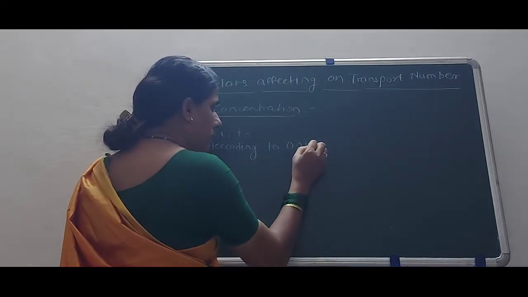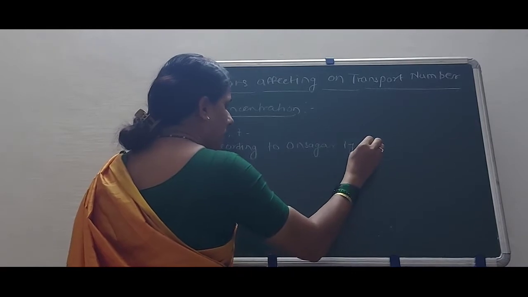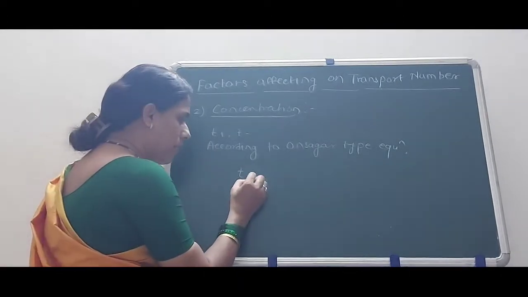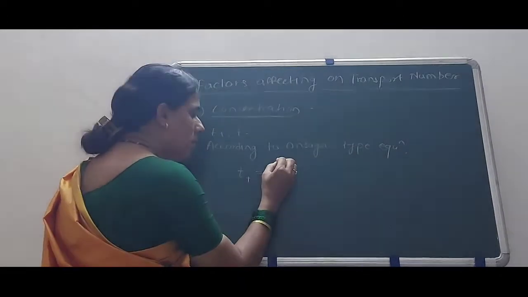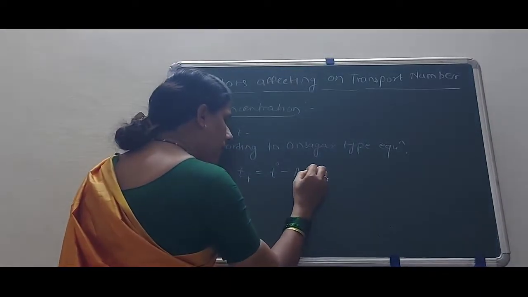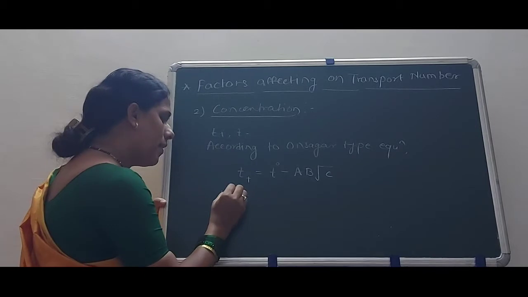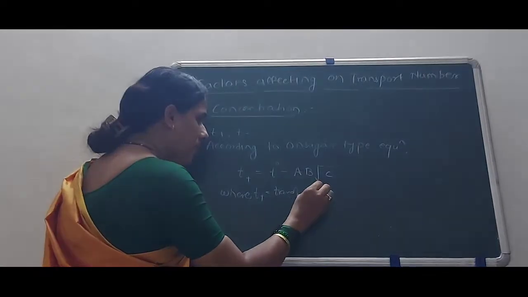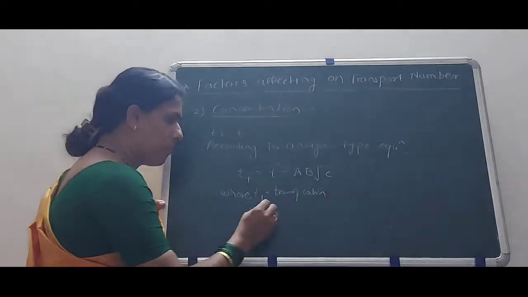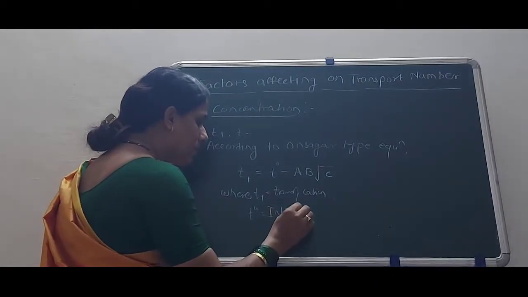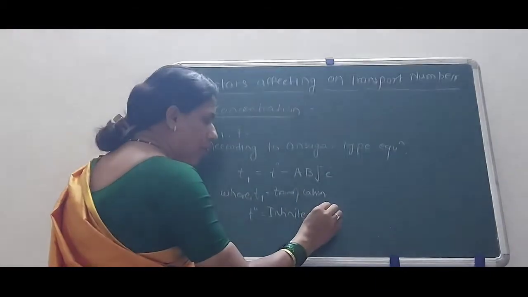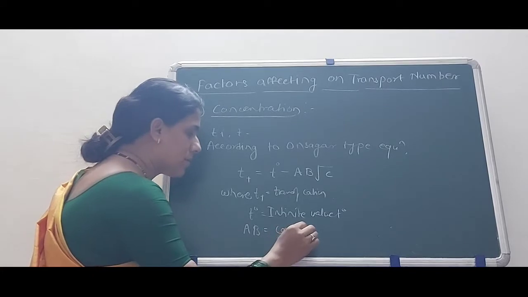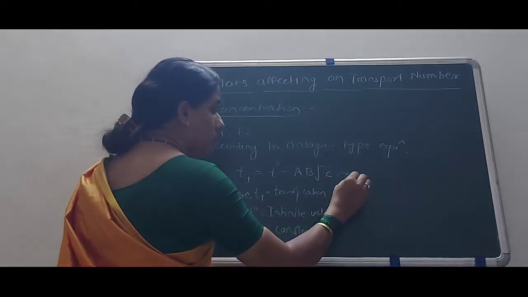the Onsager type equation, we have the transport number of the cation equal to the transport number at infinite dilution minus A plus B times the square root of C, where T plus is the transport number of the cation, T standard is the infinite dilution value T0, A and B are constants, and C is the concentration.